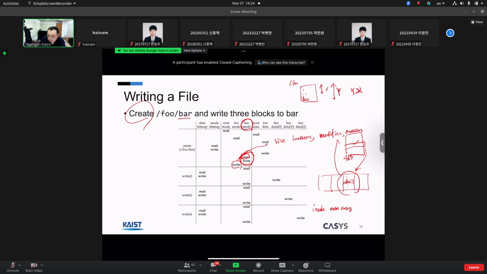Do you need to read the previous data? No, but likewise you cannot read the bar inode only. You have to read this entire block, modify the bar inode, and write it back, because the inode size is 128 bytes actually. Does it make sense?